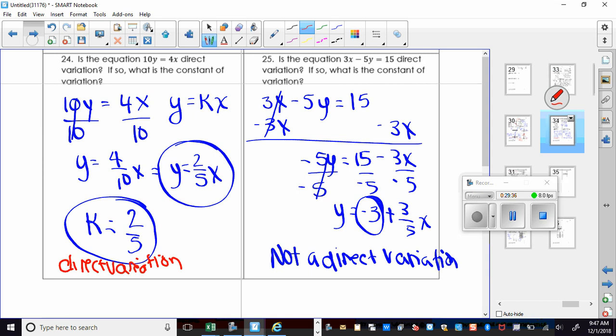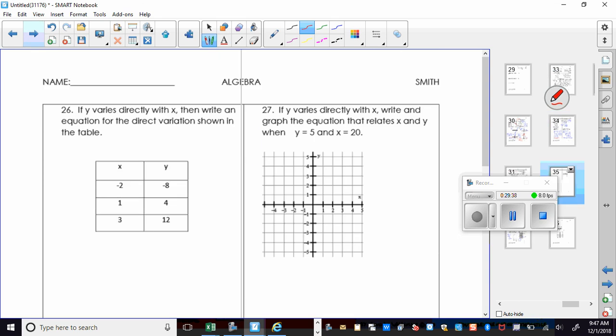Okay, moving on to this. Now, with this, when they give you a table of values, what they're asking you is to find k for each pair. So are the k's the same? That's what they're asking. Are the constants of variation the same? So remember, k equals y over x. So I'm dividing the y by the x.